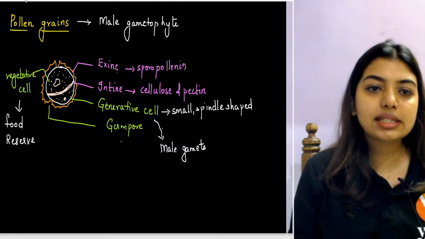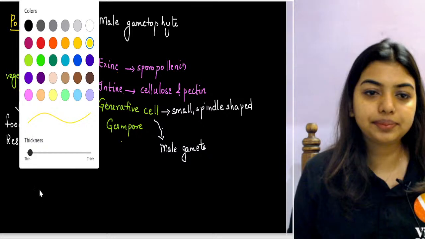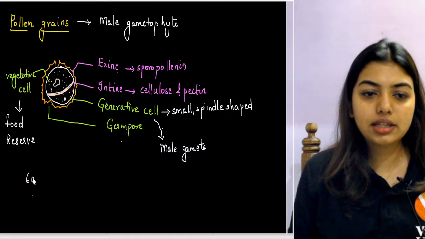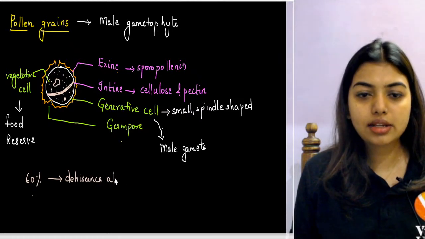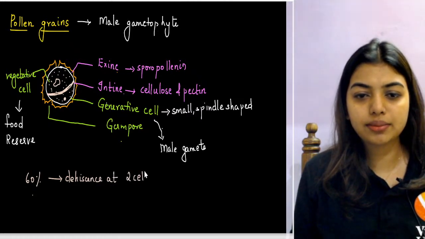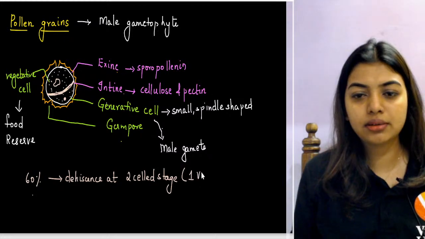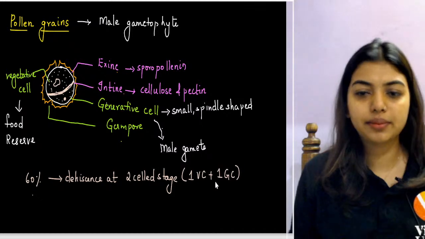Now students, very important: 60% of angiosperms will dehisce at the two-cell stage. What is the two-cell stage? One vegetative cell, one generative cell.